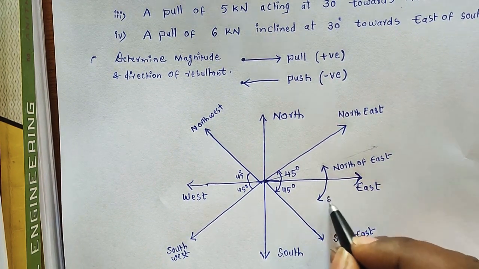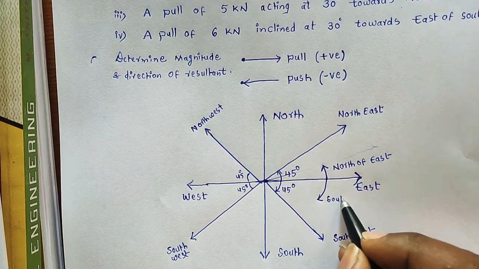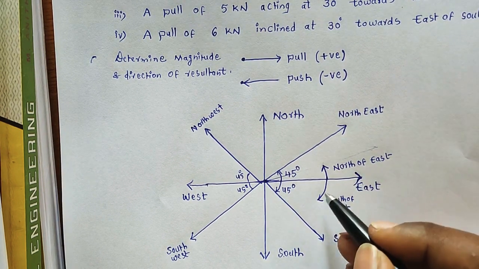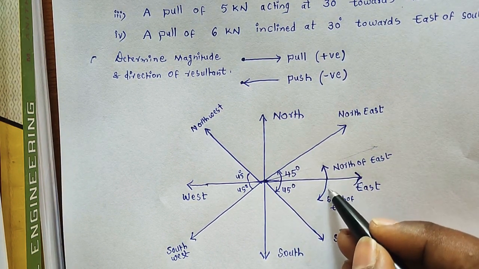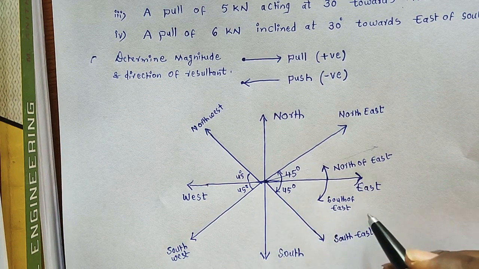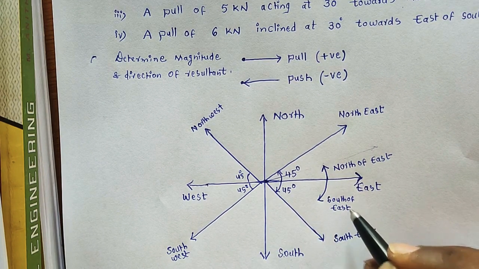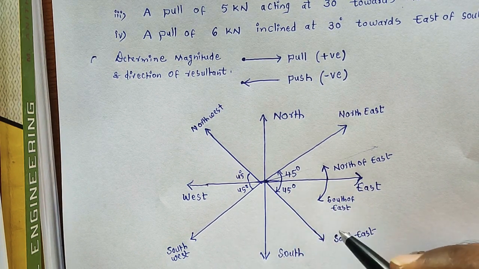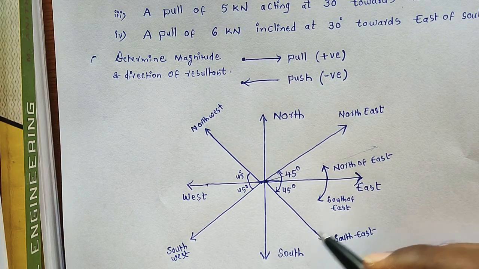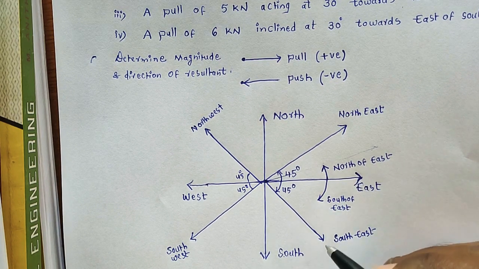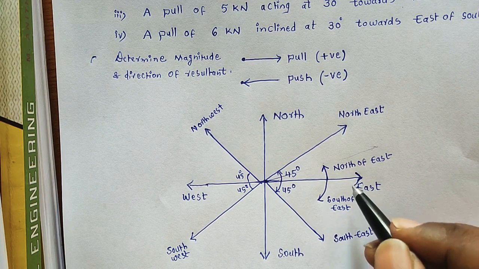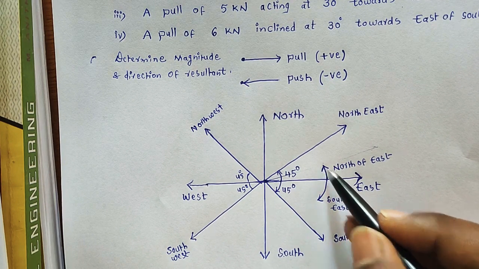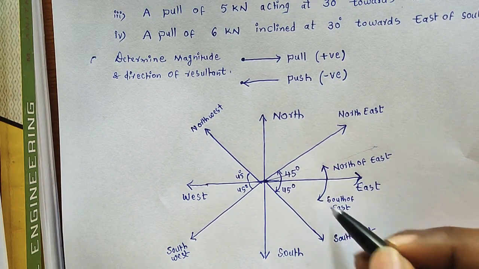So this direction is south of east. So if it is 20 degrees, then with the 20 degrees angle you are going to draw a force which is going to make 20 degrees towards south of east. So here you are going to draw south of east. So south of east means you have to draw in between south and east with the included angle which has been given in the problem. So north of east means you are moving from east to north. South of east means you are moving from east to south.